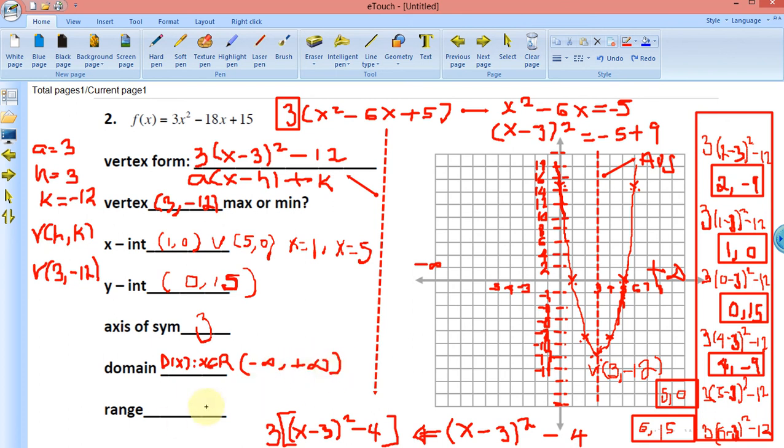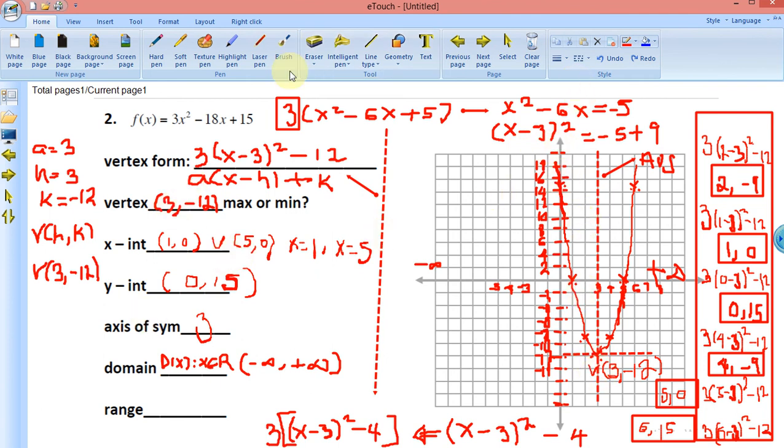So the range, we will take this line now. So this is the vertex here. From minus 12 upward, from minus 12 to positive infinity, because it extends from minus 12 and continues indefinitely.